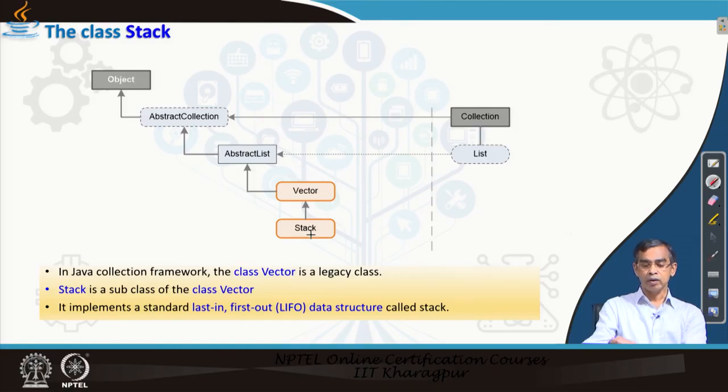But again, you can recall that a Vector can grow dynamically, because Vector is written that way. So, the stack grows automatically, and that is why it is not static, rather dynamic. Now, Vector implements List, where List is an interface, and then there is AbstractCollection, and finally Collection. So, this is basically the hierarchy of the Stack.